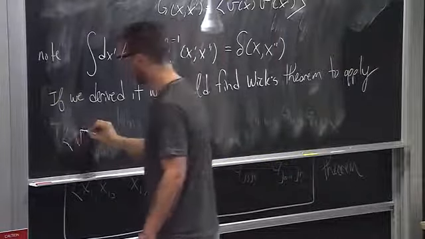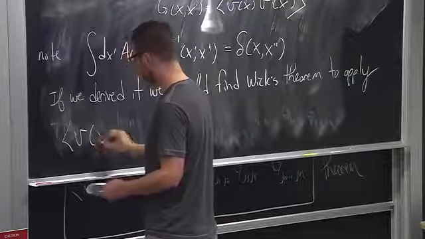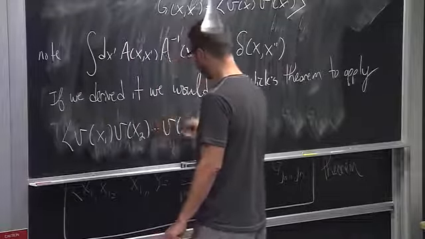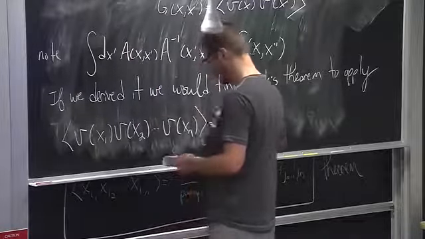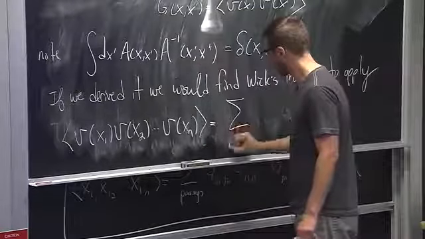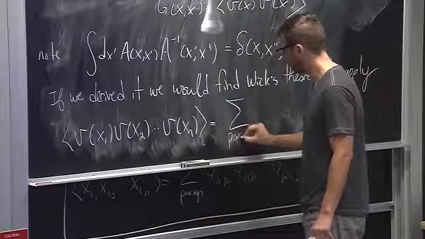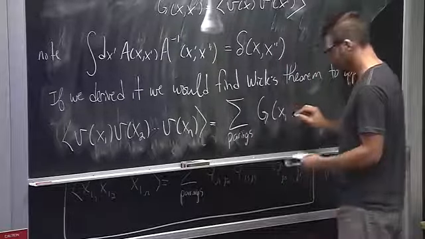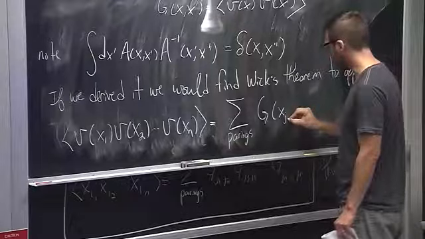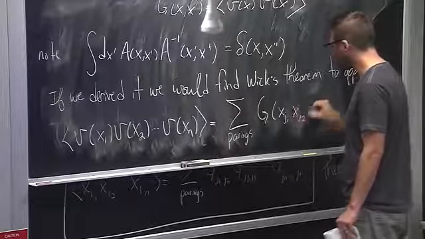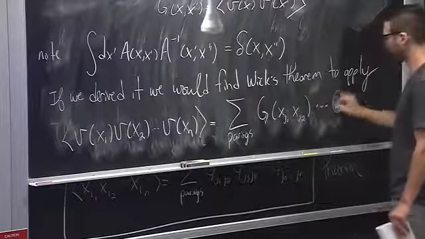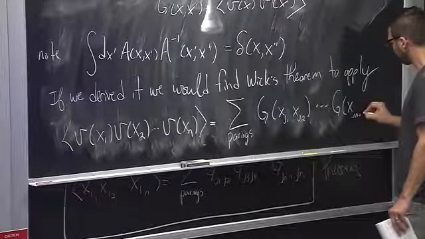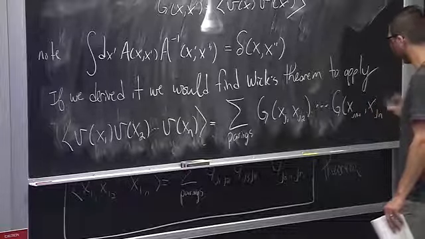So for all these V's, we got the sum over all pairings and the 2-point Green's functions. I need a different index here, J. Okay.